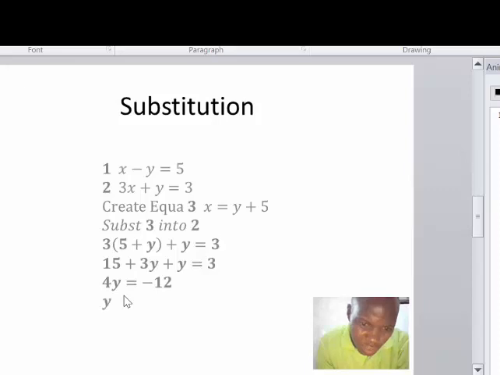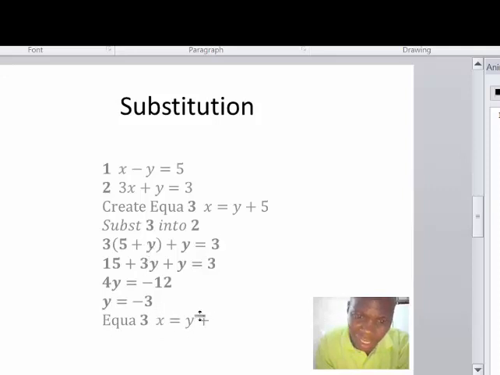Now, it's easy this way because you know your y will then be divided on both sides by 4, so that you can get negative 3. This is only the y value. Now, you will use this y in the equation 3 or any one of these equations for that matter.